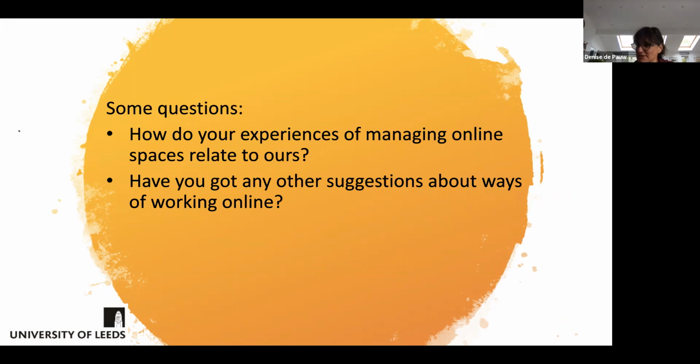Or it might be that you want to use a Padlet or something else. So some smaller choices, if you like, but bigger choices like, oh, shall I use Teams or shall I use something else? No, tutors weren't given that much flexibility.